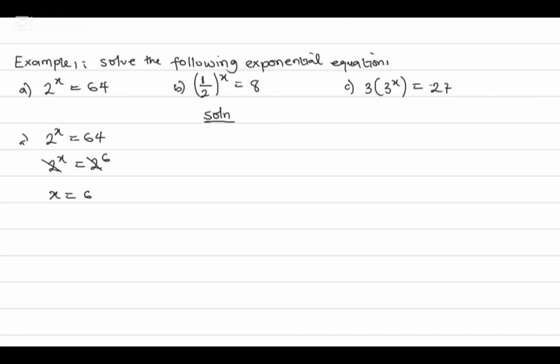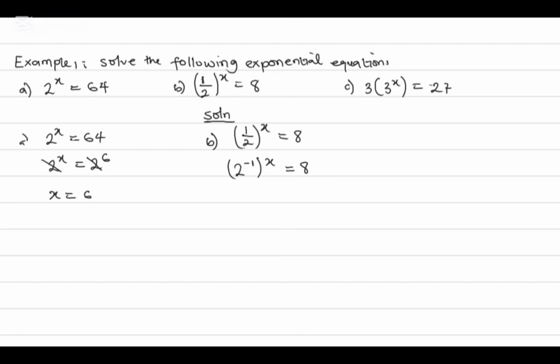Quite an easy one. And now look at the B. The B is (1/2) raised to power x is equal to 8. The first thing we simply do is to remember that 1 over 2 is written as 2 raised to power minus 1. So (2 raised to power minus 1) in brackets, then the x still remains. So I've turned the 1 over 2 to 2 raised to power minus 1. It is equal to 8, and I can still write the 8 again.